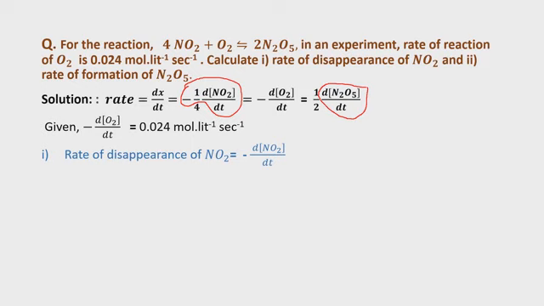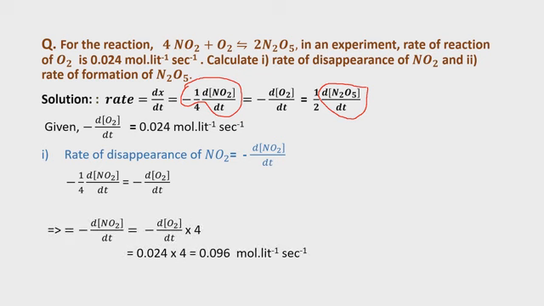Now from the expression, whatever I have taken here is completely from the expression: minus 1/4 d[NO2]/dt equals minus d[O2]/dt. So this is the final answer.